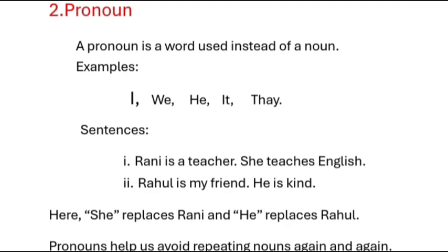Sentences: Rani is a teacher. She teaches English. Rahul is my friend. He is kind. Here, she replaces Rani and he replaces Rahul. Pronouns help us avoid repeating nouns again and again.